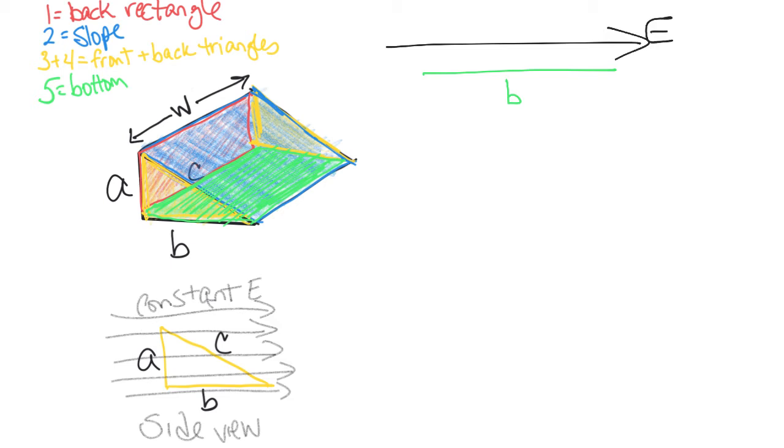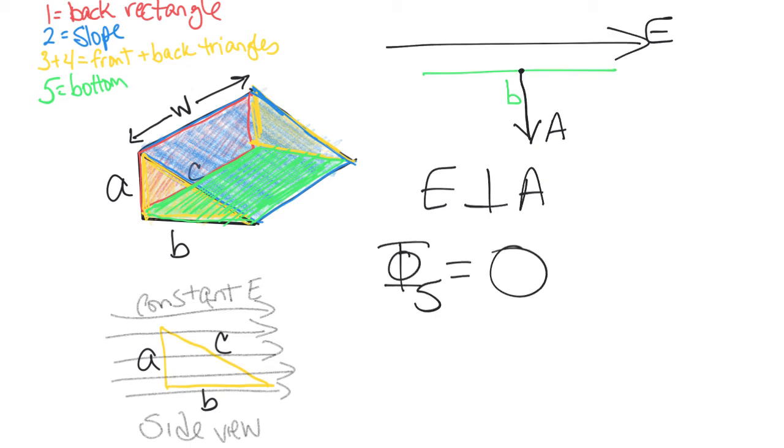When we talk about flux, we want E dot A. What is the A vector? The A vector is going to be normal to the surface and always points out. That's just a convention that we have. So E is perpendicular to A here, which means that the flux through the bottom is 0. Hopefully, as you're getting a feeling for flux, you had that intuition already.